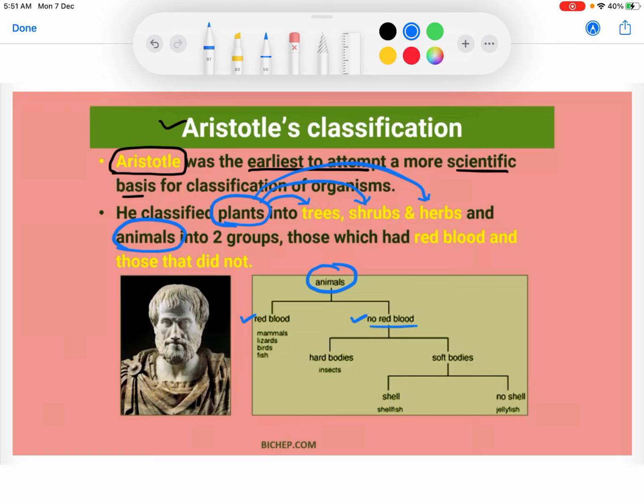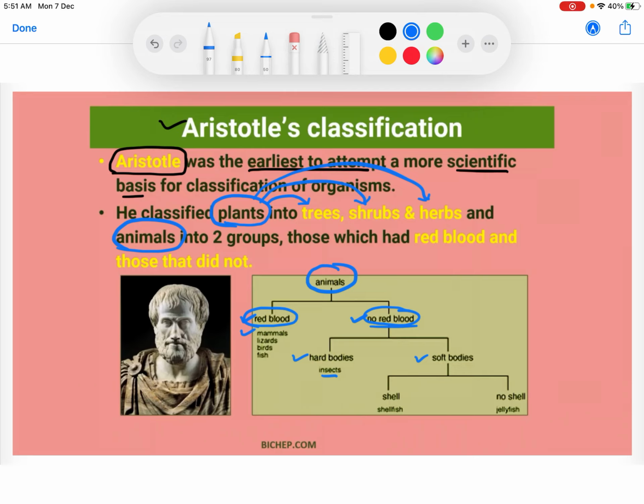The animals which do not have red blood are divided into two subcategories: either hard-bodied or soft-bodied. If they are red-blooded, they are mammals, lizards, birds and fish. If they don't have red blood and are hard-bodied, they are insects.